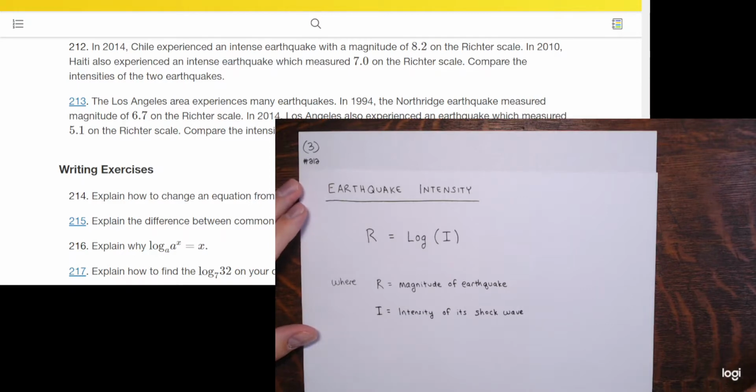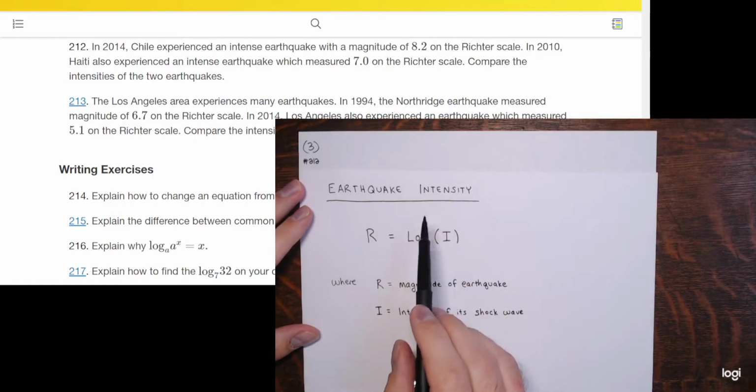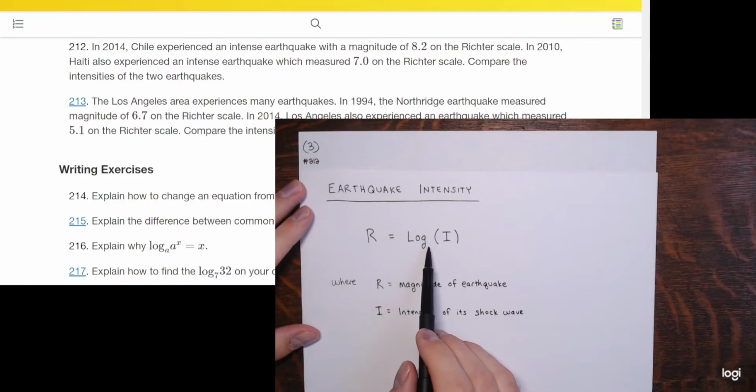All right, so here it is, the earthquake intensity model. R equals the log base 10, and again in this text when there's no base on the logarithm, it's base 10, the common logarithm.